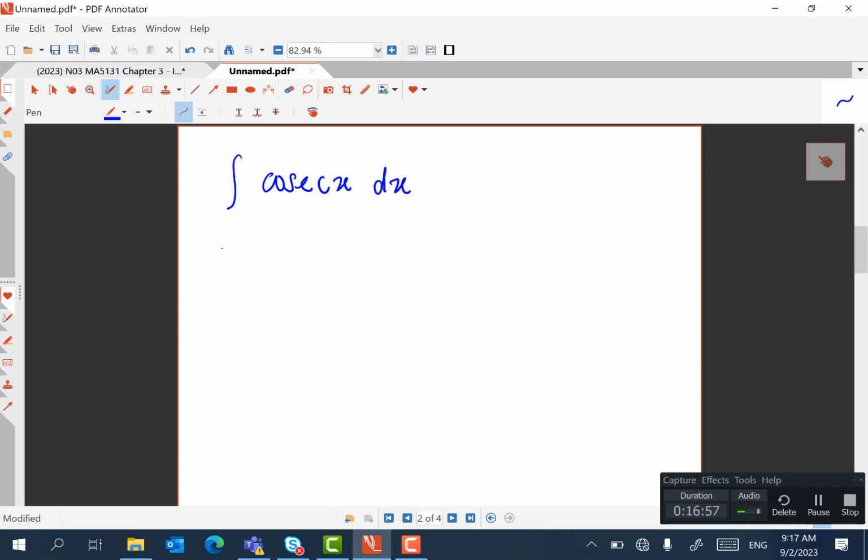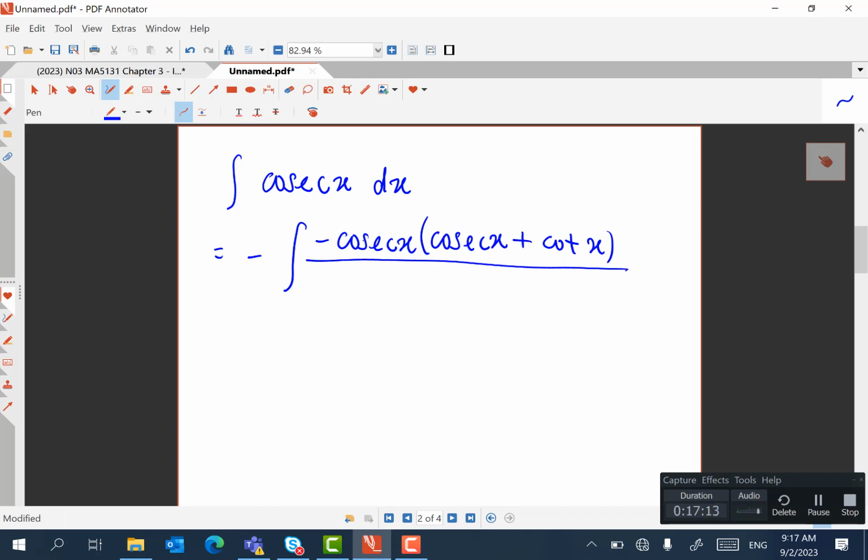If we have to integrate cosecant, what people do is they multiply this with cosecant. I didn't think of this. I was a diligent student.